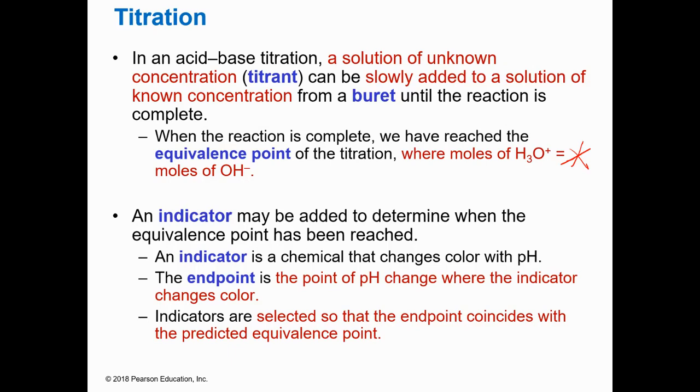However, the end point is when the pH changes the color of it. Okay, so sometimes we use pH meters, and sometimes we use indicators, and sometimes we do both. But the end point shows us where the color changes, and that's where we say we want it to be close to the equivalence point.